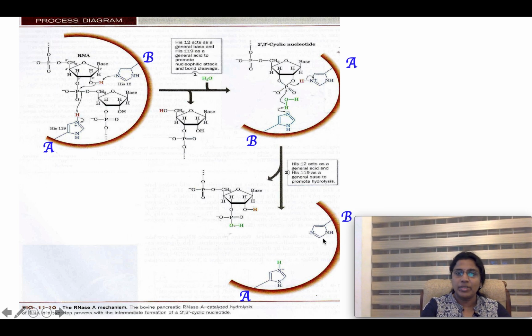And the enzyme comes back to the original condition, with histidine 12 in the deprotonated form and histidine 119 in the protonated form. This is the overall reaction, the simplest mechanism followed by ribonuclease A, that is concerted general acid base catalysis. Hope this is clear to you.